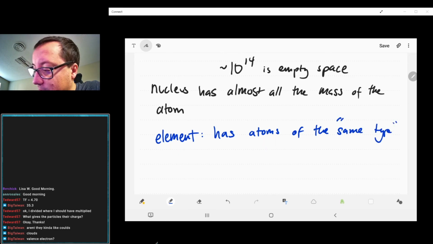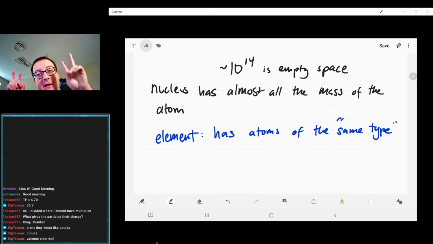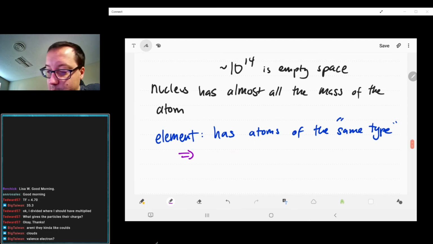That's a vague definition, but elements have atoms that are all the same type, meaning that a chunk of sulfur as an element is made entirely of sulfur atoms. We're going to see there are some other flavors that we can mess with, but suffice it to say that this means we're actually talking about the number of protons.